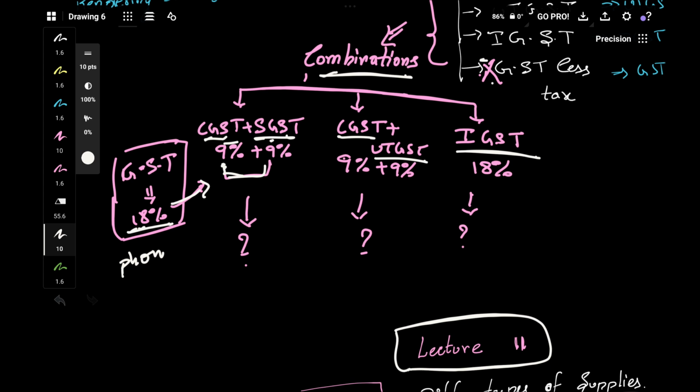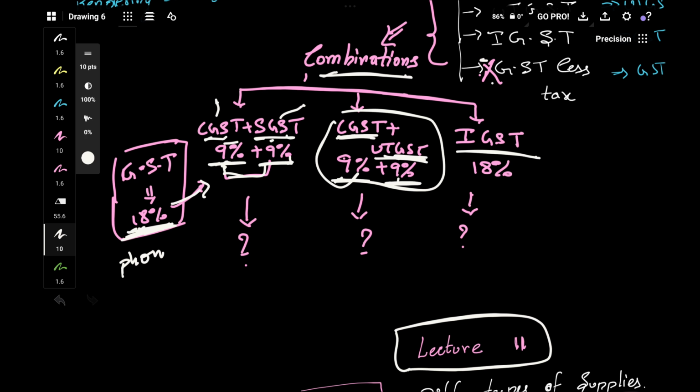Half of that 18%, that is 9%, is CGST, and the other half, 9%, is SGST. The CGST 9% will go to the central government, and the SGST 9% will go to the state government. In case of transactions regarding the CGST and UTGST combination, the same GST rate is 18%: 9% will be taxed as CGST and 9% as UTGST.